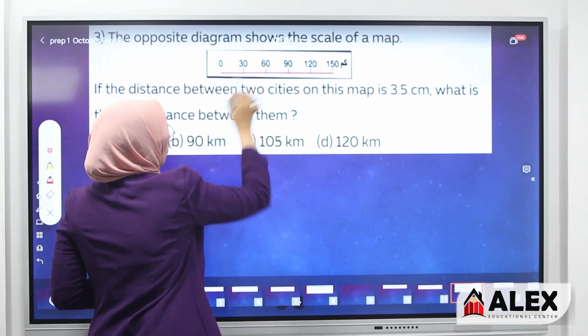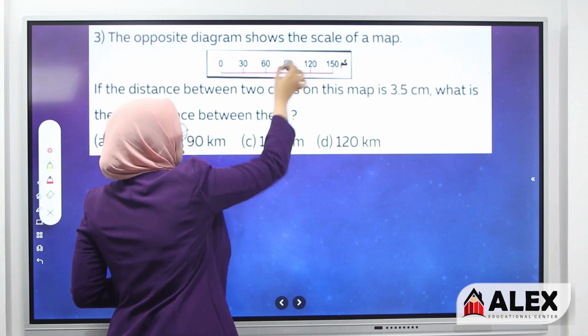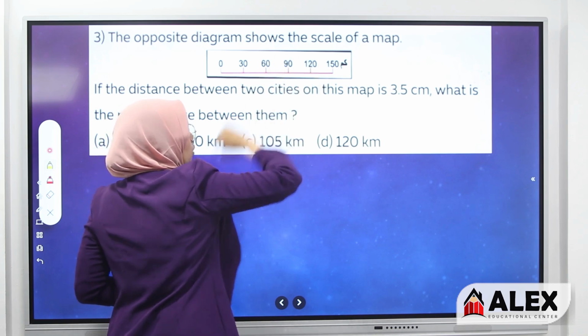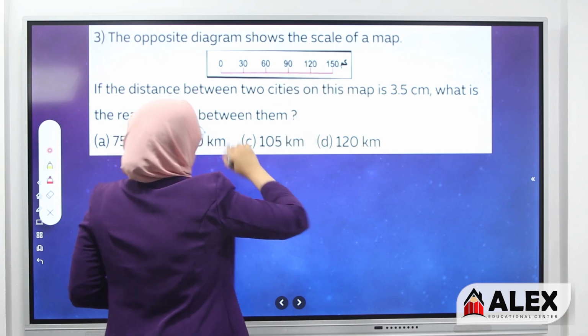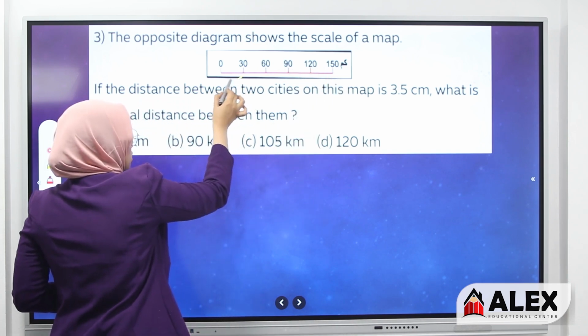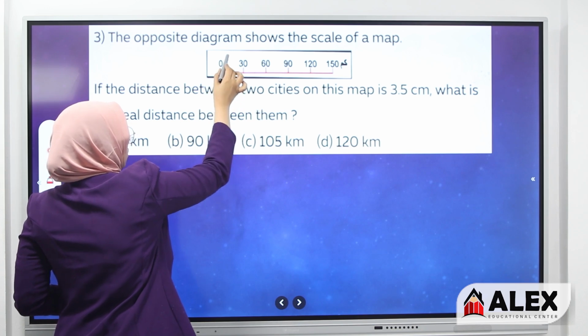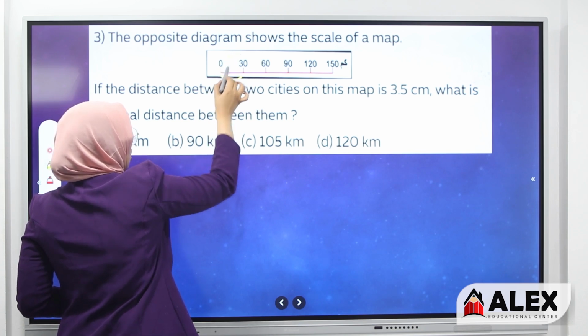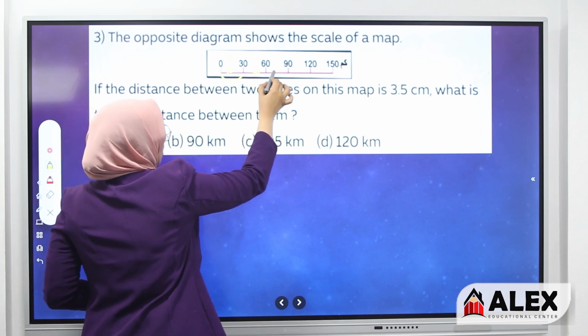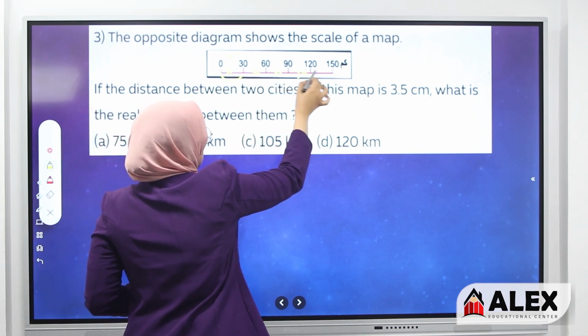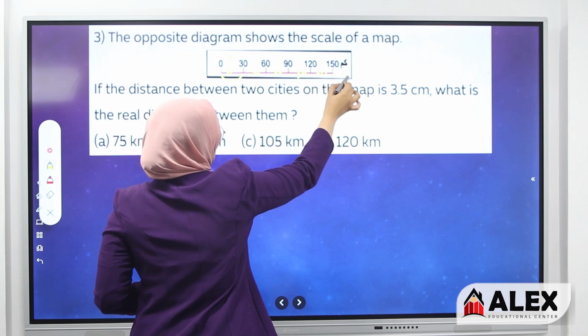From 30 to 60. From 60 to 90. From 90 to 120. From 120 to 150. Then the distance for 1 centimeter is 30 kilometers. Here 30 and 30 and 30 and 30 kilometers.